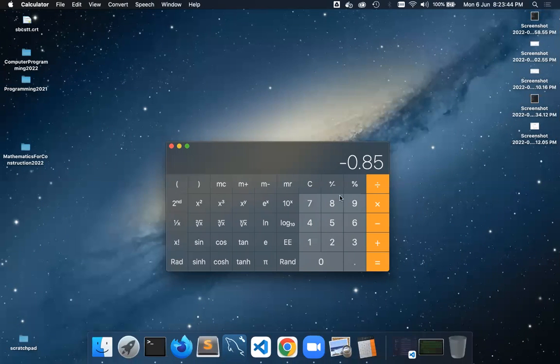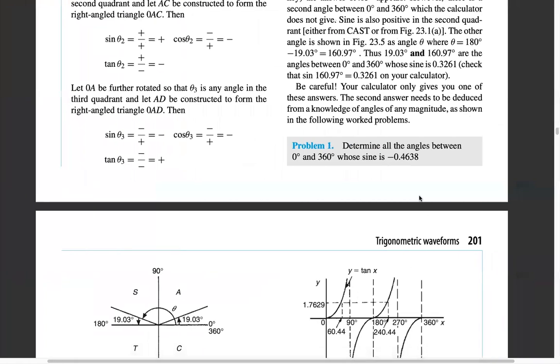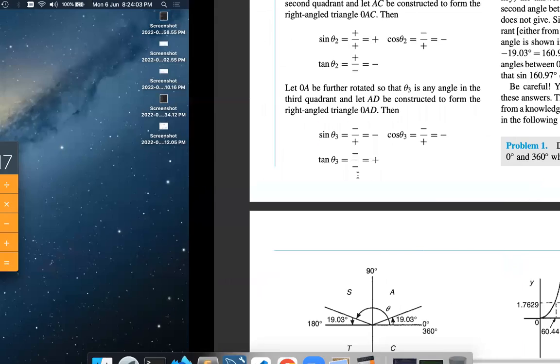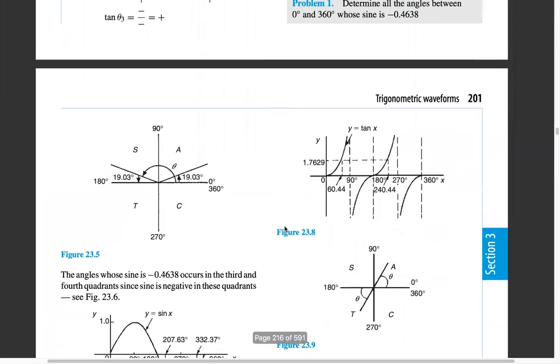If you find the inverse sine of that, it's going to give you a negative angle. But you can't use that because they want all the angles between 0 and 360 degrees. They want positive values for that. But this is the principal value here. Watch what it will do.